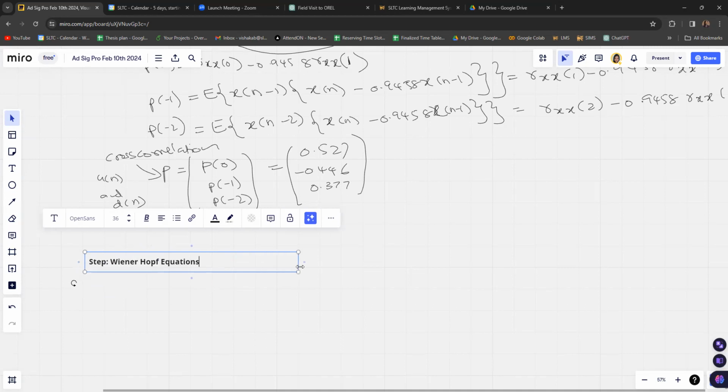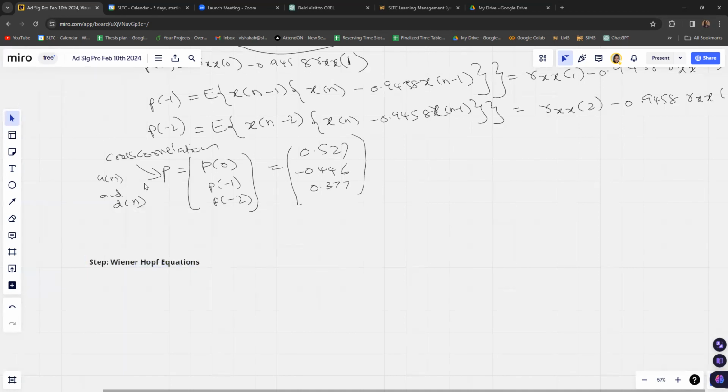So Wiener-Hopf equations can be used once you know the autocorrelation of the input to the filter and the cross correlation between the desired signal and the input of the filter. P is the cross correlation between the input of the filter and the desired signal. So we can write the optimal filter coefficients using those matrices that we know.